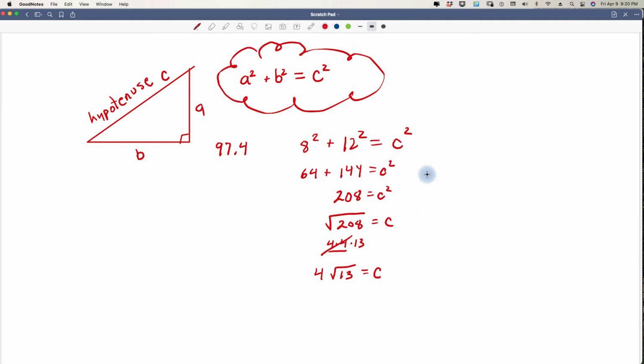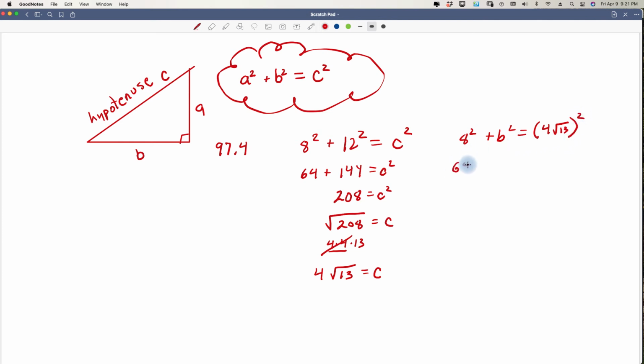If you can put this back into here and it comes out with the same measurements for a and b, then you're perfectly fine. Let's say you want to solve for b. We'll just backtrack it. So let's skip b and drop in c. So we would say 8 squared plus b squared equals 4 times the square root of 13, and that'll be squared.